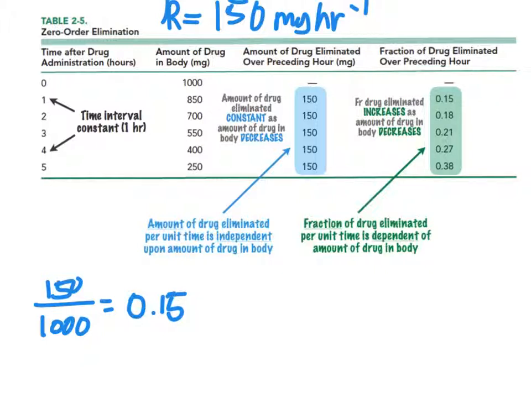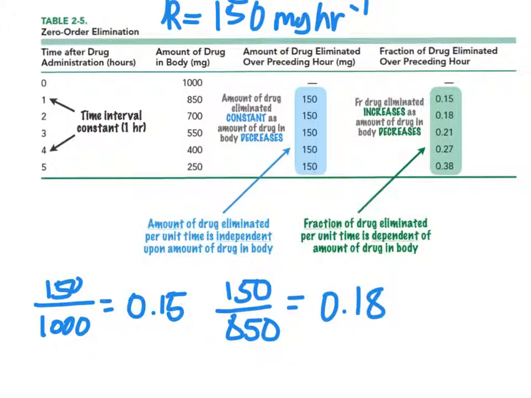So our fraction would be 0.15. In the second hour, we lose that same amount, so we're still losing 150 milligrams of drug. However, since we only started with 850 milligrams, we're going to be losing a larger fraction or larger percentage. In this example, it would be 18% or a fraction of 0.18.